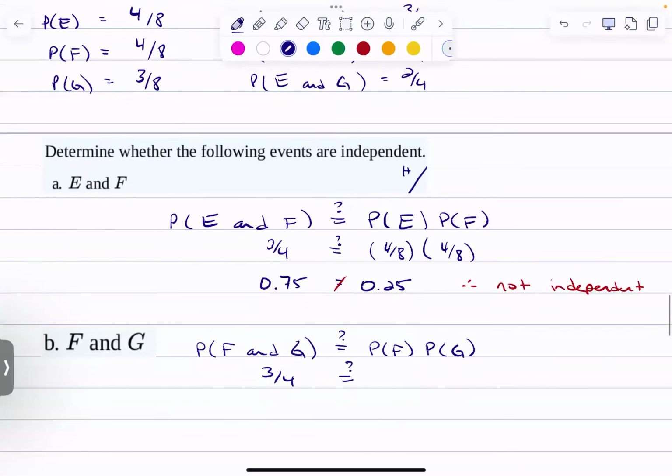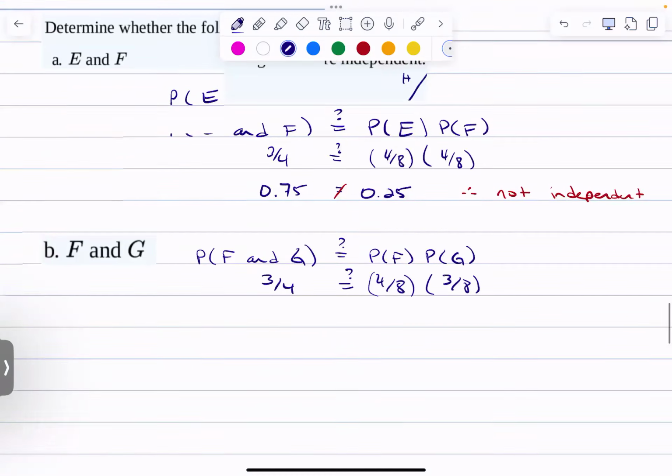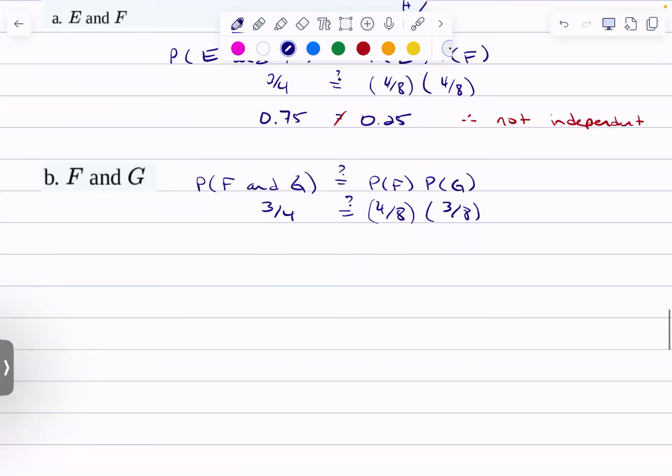Probability of F is 4 over 8. The probability of G was 3 over 8. 4 over 8 times 3 over 8 is 0.1875, which is not equal to 0.75. Not independent. Womp womp.